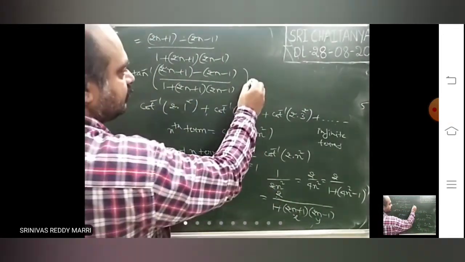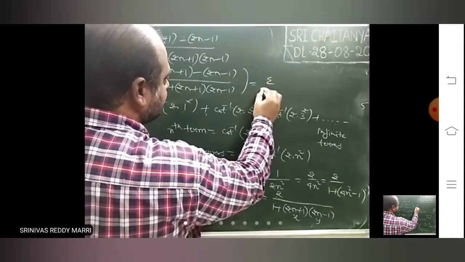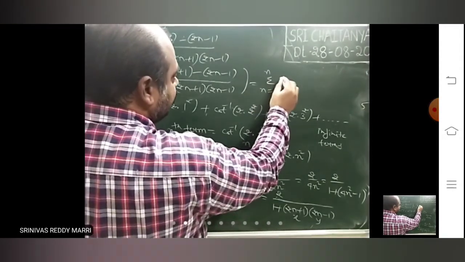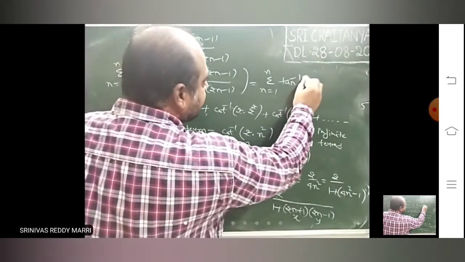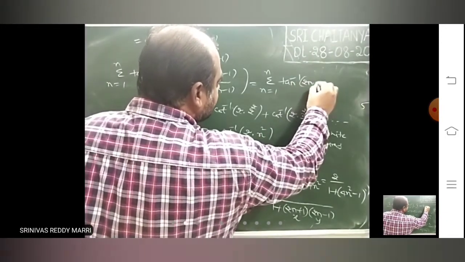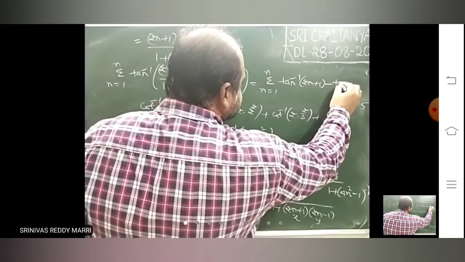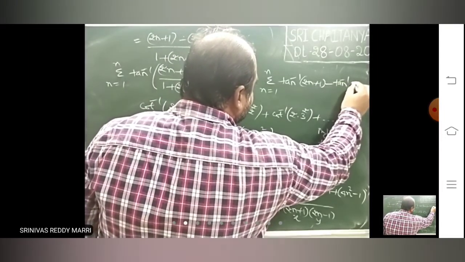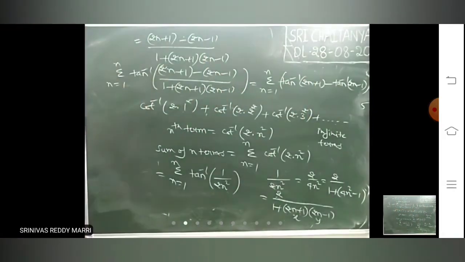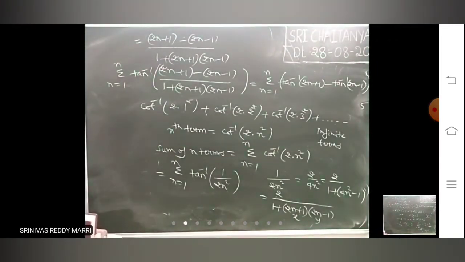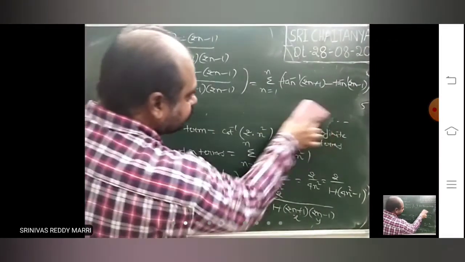So that is sigma n equal to 1 to n tan inverse (2n plus 1) minus tan inverse (2n minus 1). Now substitute from n equal to 1 to n.